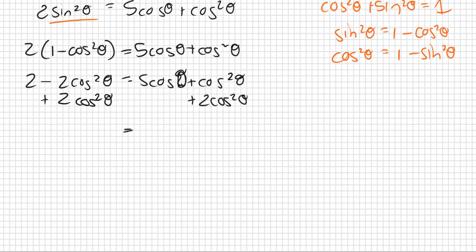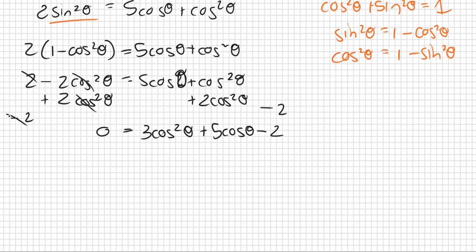It's going to be 3 cos squared theta. The 5, there's no other cos squared theta, so 5 cos theta. And then we minus 2 from both sides. So this cancels out, minus 2, and we're left with 0.